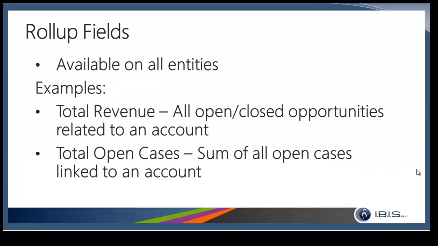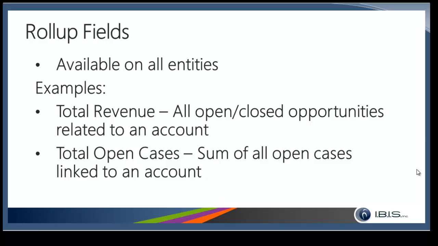Okay. If you've used CRM 2013 goals in the past, there was a feature which was a rollup field, which basically gave you a summary on a secondary entity. So the rollup field feature is now available on every single entity, which basically allows you, inside of one entity, to have a summary of a related entity.